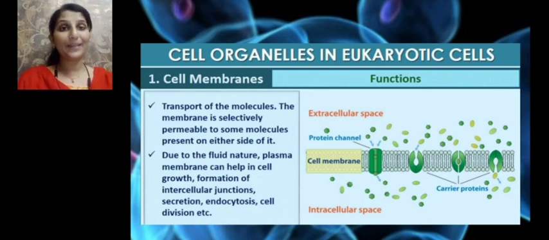And in order to explain the structure of the plasma membrane, we learned about the fluid mosaic model, which was proposed by Singer and Nicholson. We also learned about the functions performed by the cell membrane. Thank you.